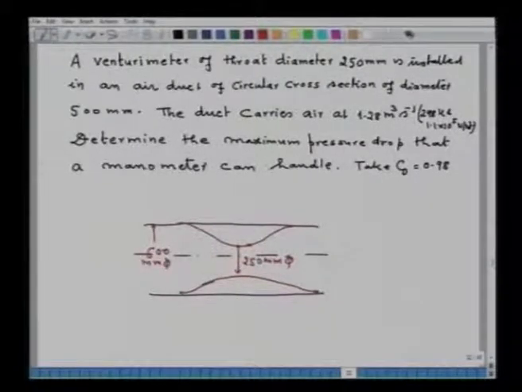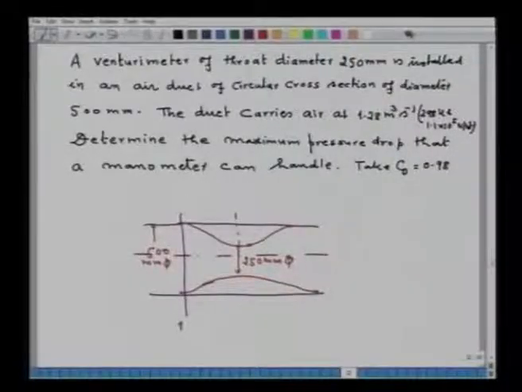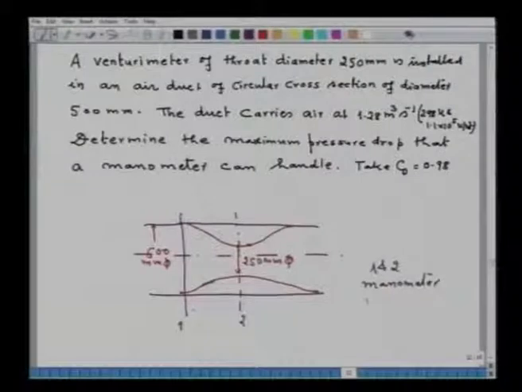For this particular case, the manometer is installed at position 1, and here, since there is no vena contracta formation, the flow is very straightforward, and so the manometer 2 plug will be here. So, in between 1 and 2, the manometer is installed.